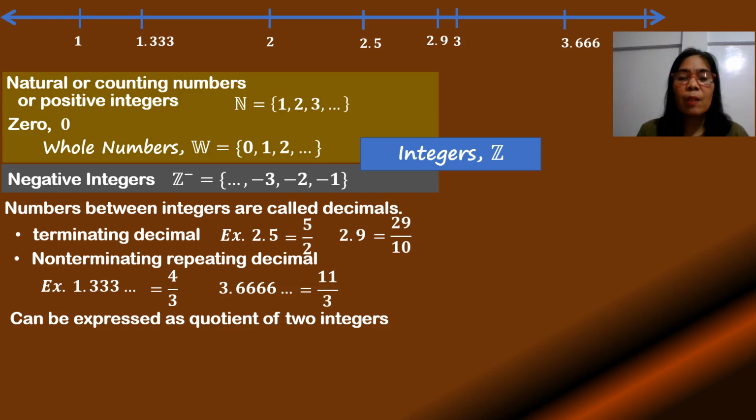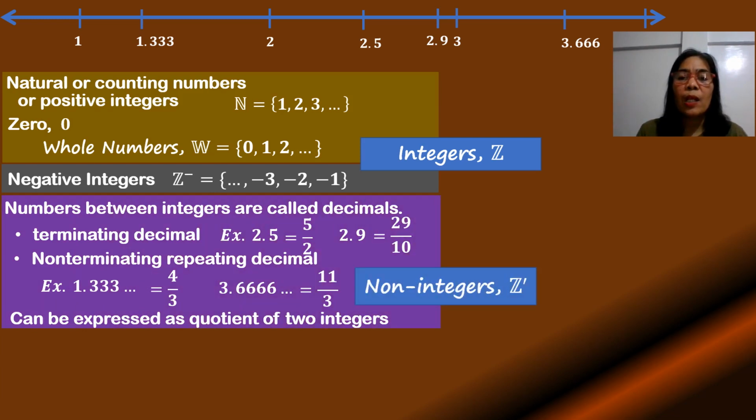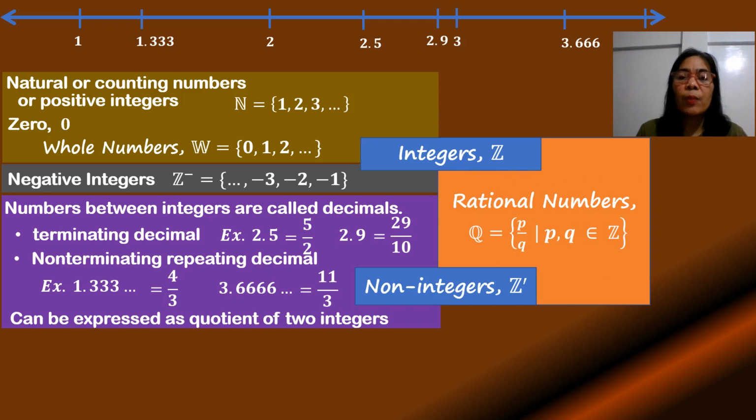These numbers, which are non-integers, can be expressed as a quotient of two integers, and we call them the rational numbers. So a rational number is a number which can be expressed as a quotient of two integers, where P and Q are elements of Z, meaning they are integers.